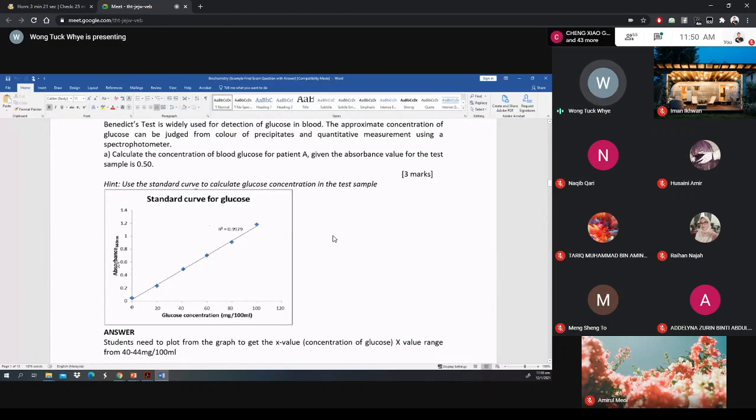It is either from the testing kit or from UV spectroscopy analysis. So for different concentrations of glucose, we react it with different enzymes, and then it will give you different colors of the solution. For different color intensity of a solution, you will have different absorbance. So this is how we relate the standard curve for glucose.